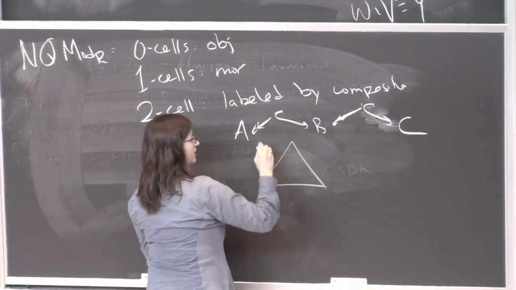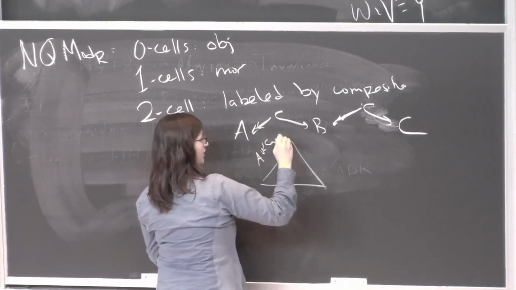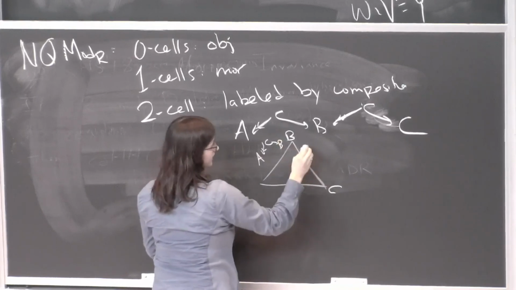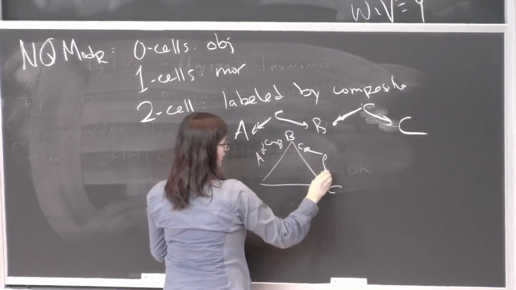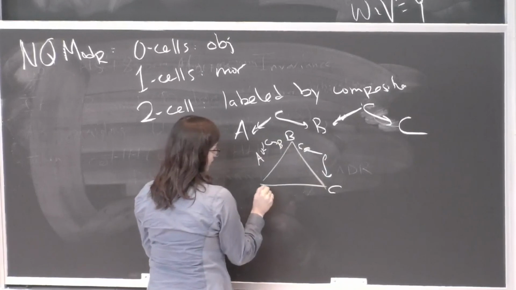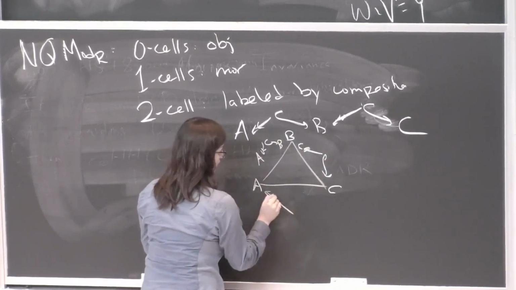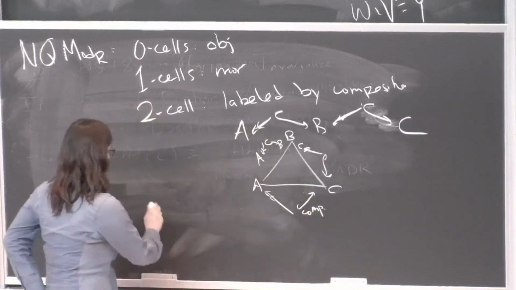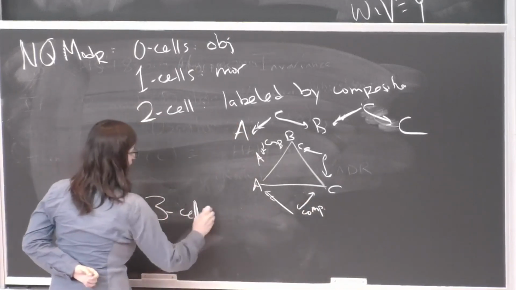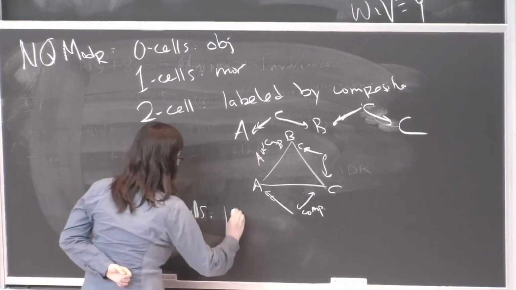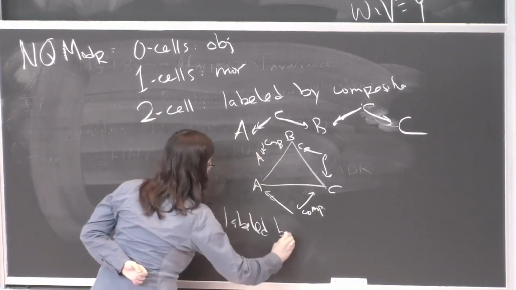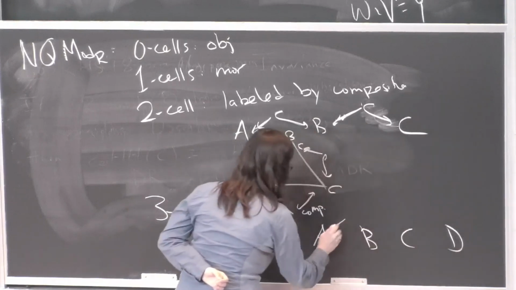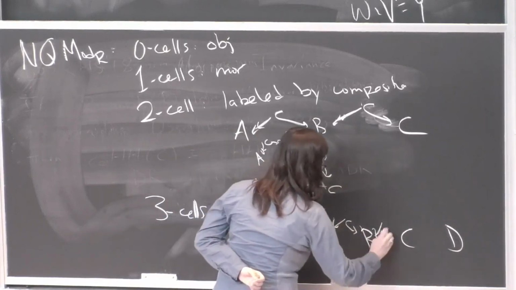So this is A to B, and then this is B to C, and then this is the composition A to C. And then 3 cells are labeled by A to B to C to D, and so on and so forth forever and ever.